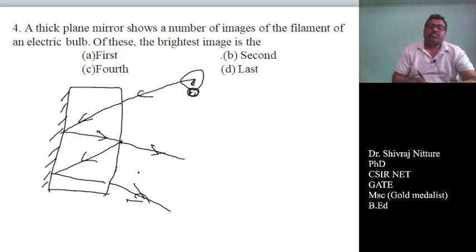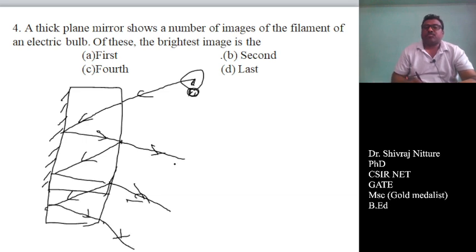You can extend the mirror. We can write this as a ray. It will come like this, it will go like this. So first image, second, like this. So many images are formed. Here I have to draw one more ray. This is the first image, this the second image.